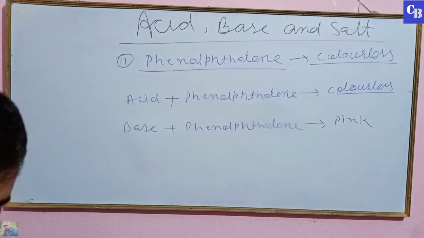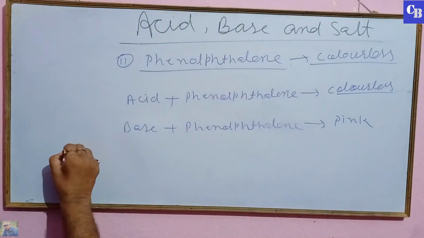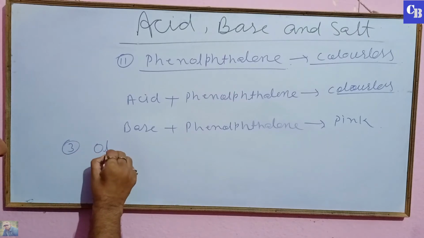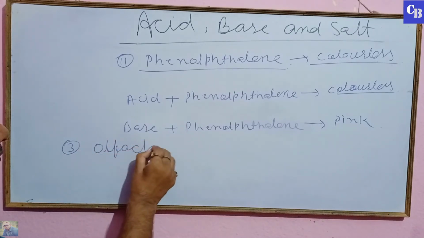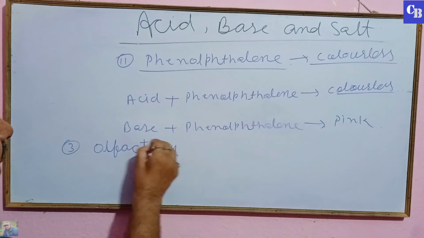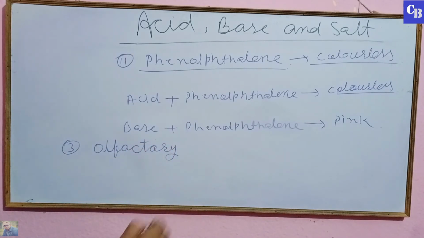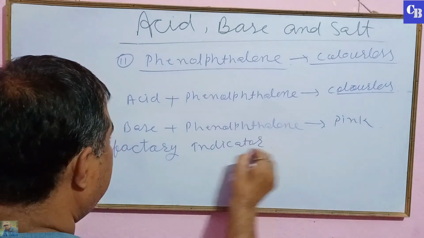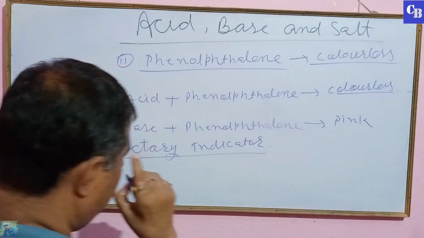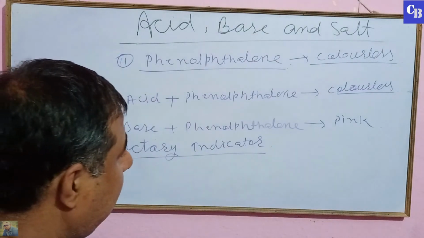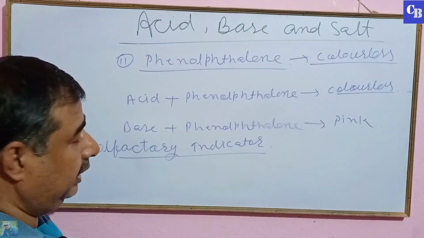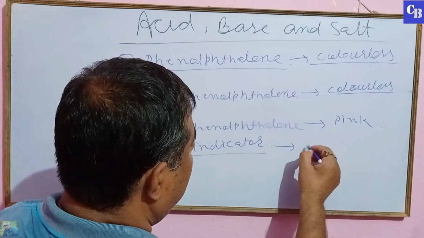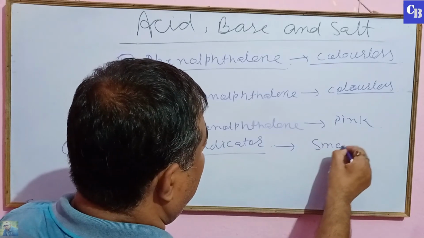The third type of indicator is the olfactory indicator. This indicator tells about acid and base by a change in smell or odor.